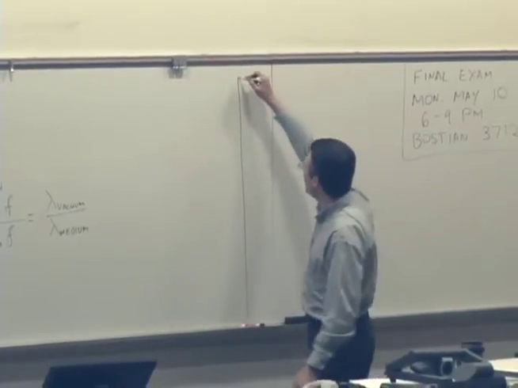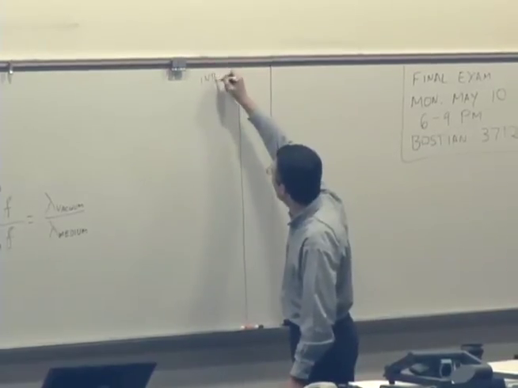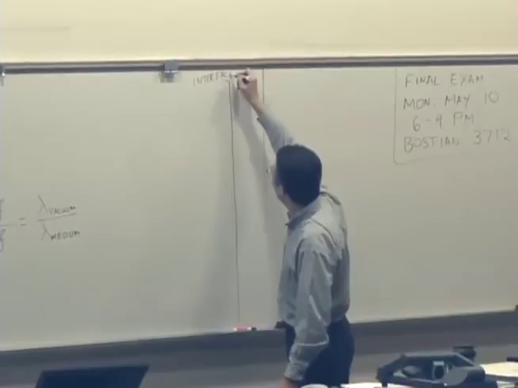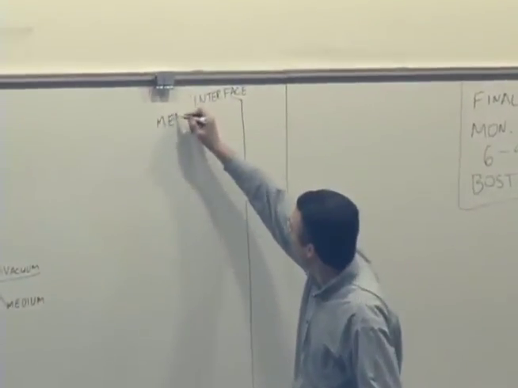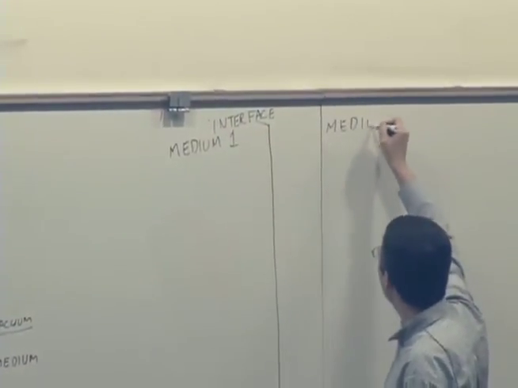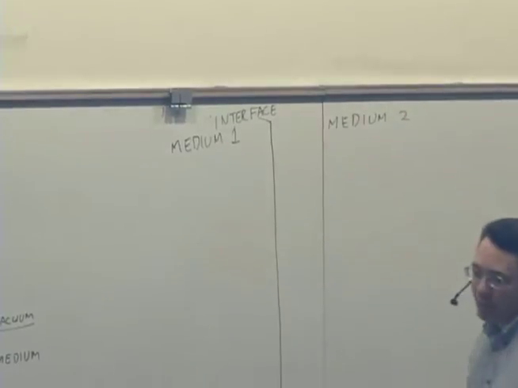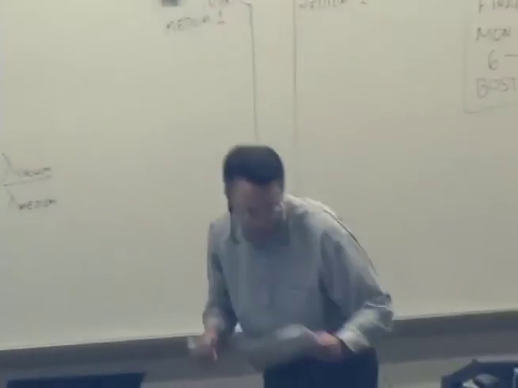Here's the interface between the two materials. Okay, so here's the interface, and this is, call it, medium number 1 and medium number 2 on this side. What I'm going to do is zoom in on one part of this diagram and show these wavefronts coming in right at the surface, and let me draw these in different colors.